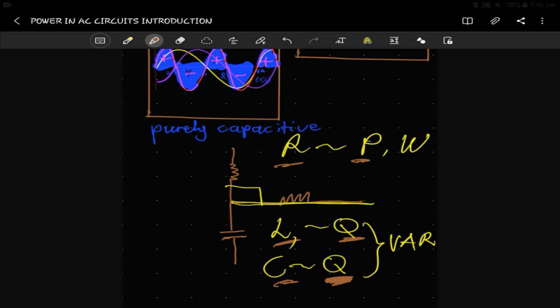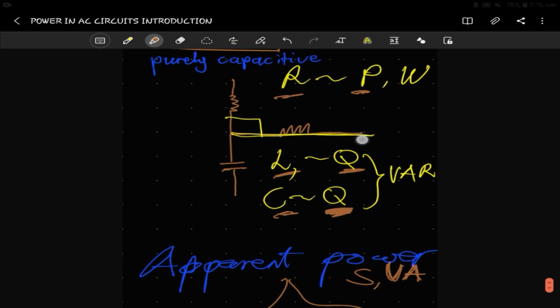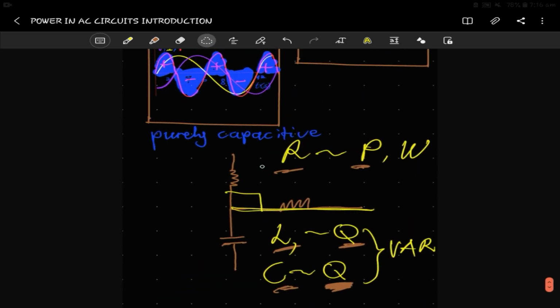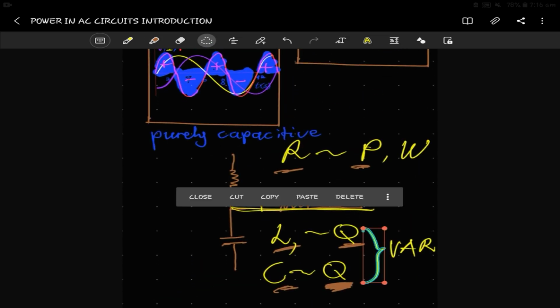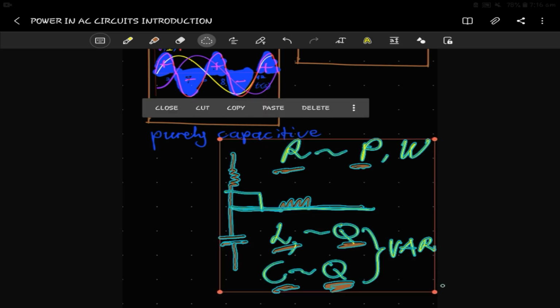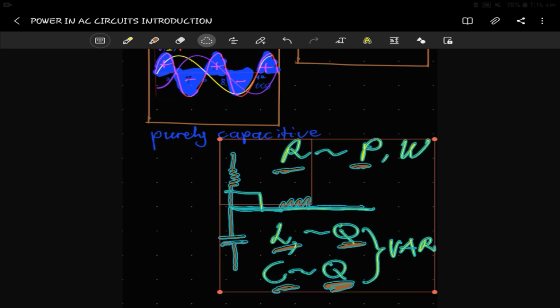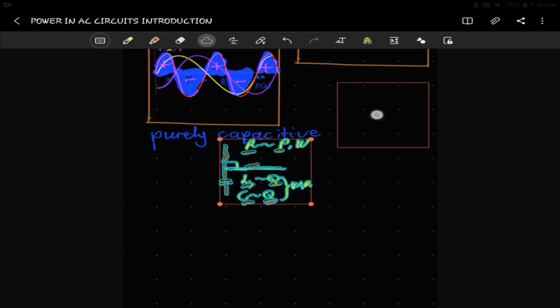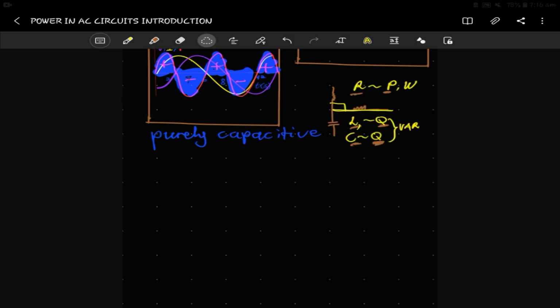So we are going to see the relationship between these ones. There's also a similar relationship between the active, reactive, and the apparent power, right? And we are going to look at that. So what did we see?